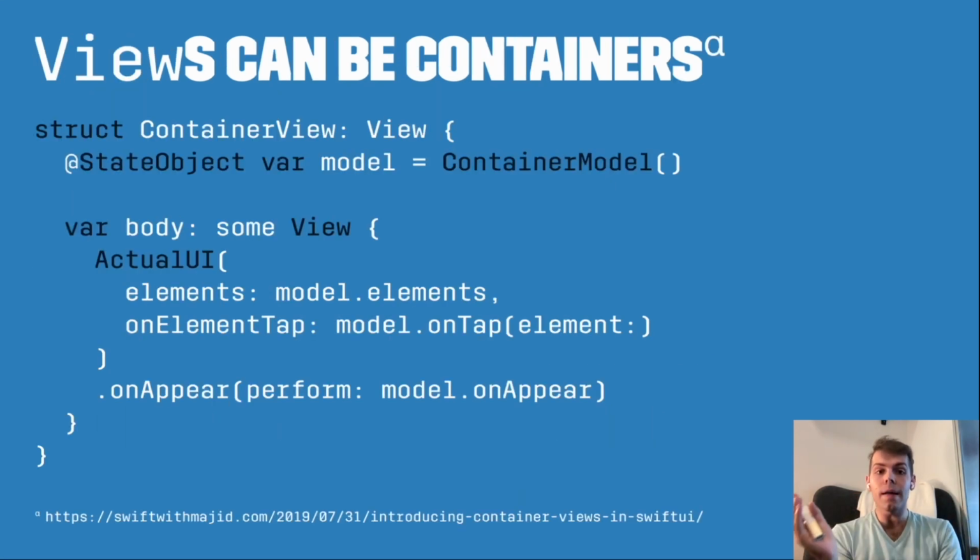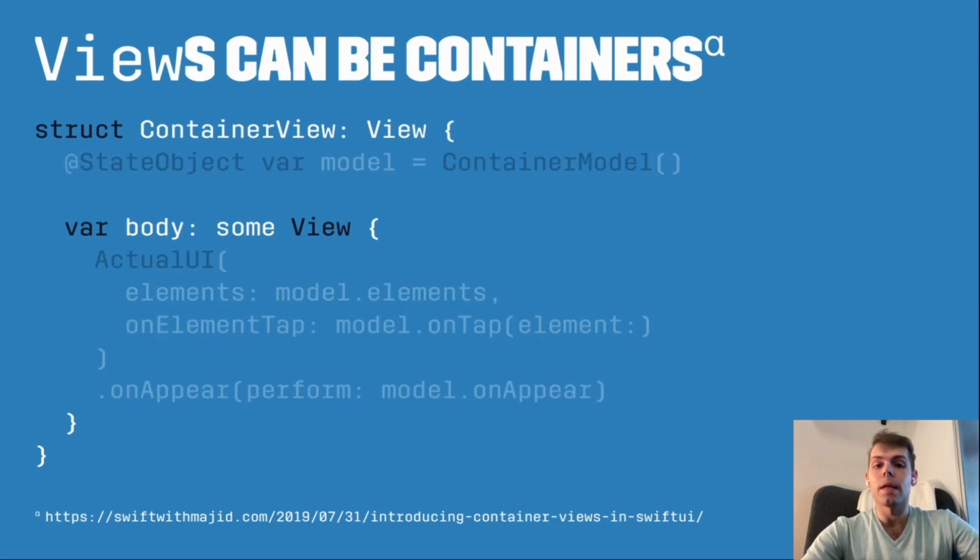In SwiftUI, we can build views which are containers. Containers are just views that do not explicitly define any UI themselves. And here in this slide, we see an example of this. This container view, again, is just a simple view, so it's a new definition that conforms to the view protocol and has its own view body, like every other view.